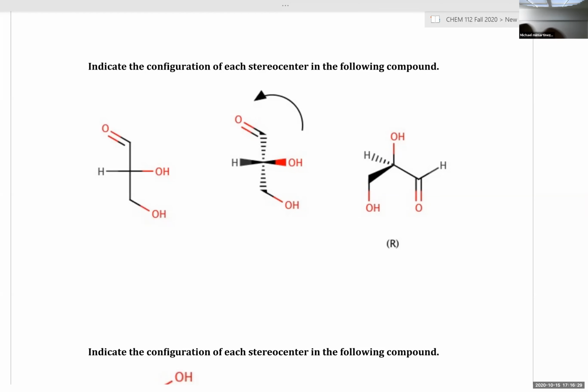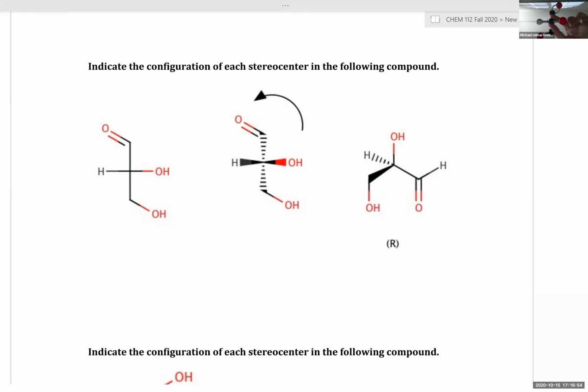Here we go. Okay, so here is our model of the following structure. First, does everyone notice how the hydrogen and hydroxyl group are pointing out of the page? Does everyone see that?